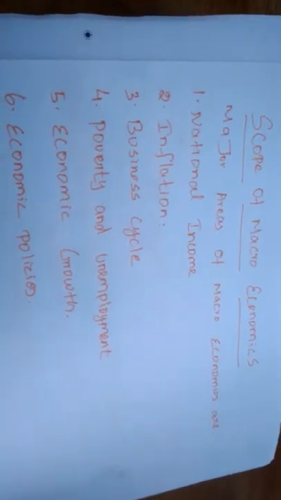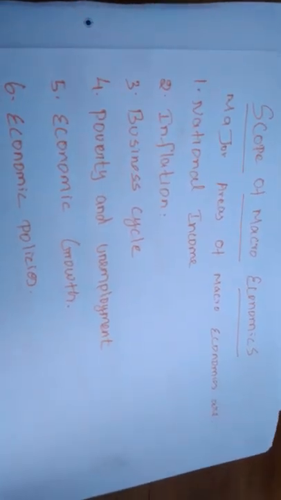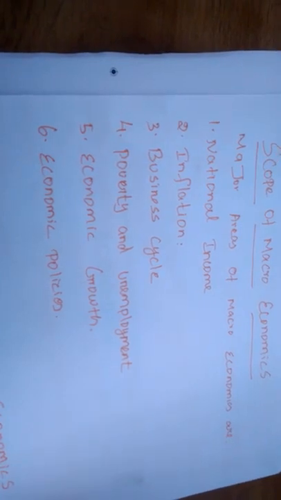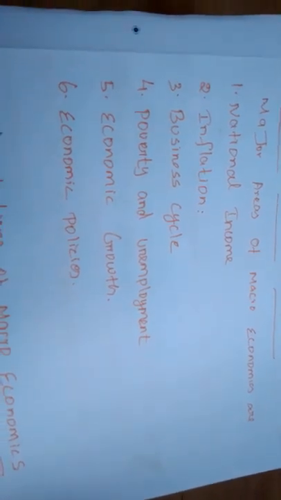The third major area of macroeconomics is the business cycle. Almost all economies face the problem of business fluctuations or business cycle. All the economies mean developed, underdeveloped or developing economies, or the mixed economy, capitalist economy or globalist economy.